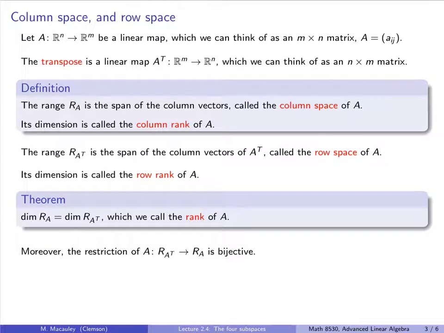Moreover, if you take the matrix A and restrict it to the range of the transpose, then it's a bijection on the subspace. It maps the range of A transpose to the range of A. This is something that is certainly in any undergraduate linear algebra textbook, but I think it's one of those details that is often not emphasized.